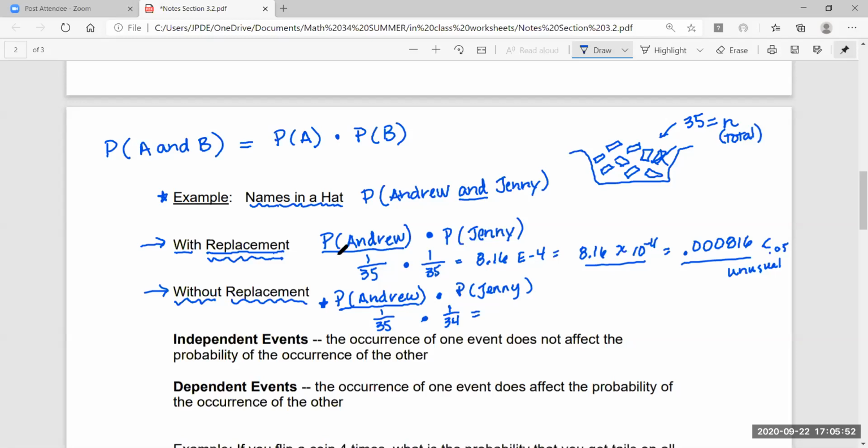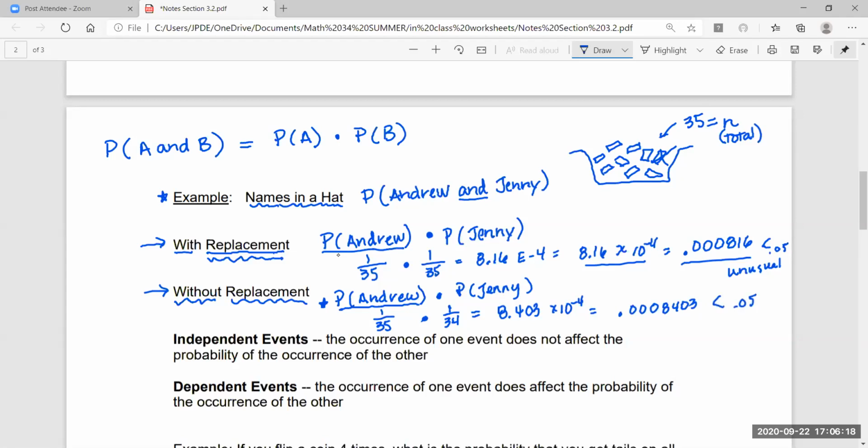You can just hear me hit my calculator here. 8.403 times 10 to the negative fourth. A little bit higher, still pretty tiny. Okay, so it's still pretty unusual.